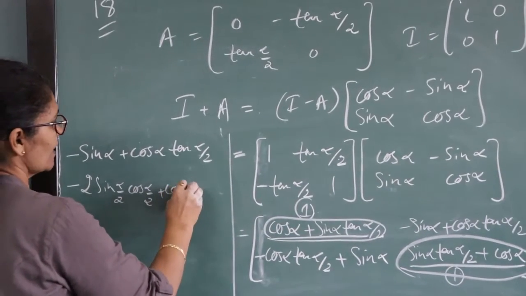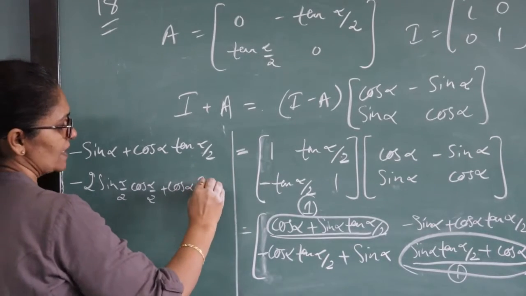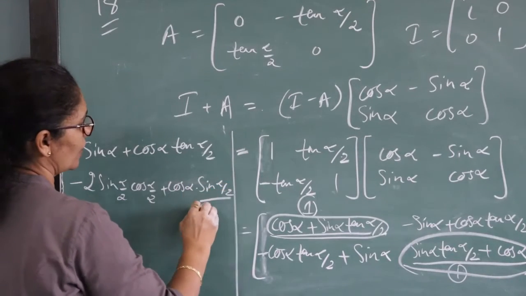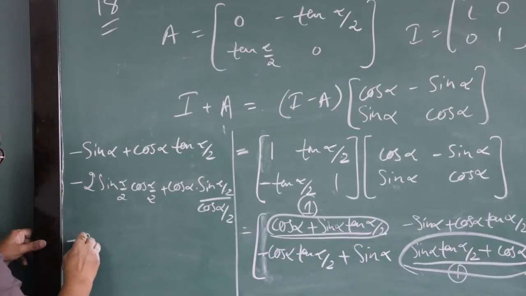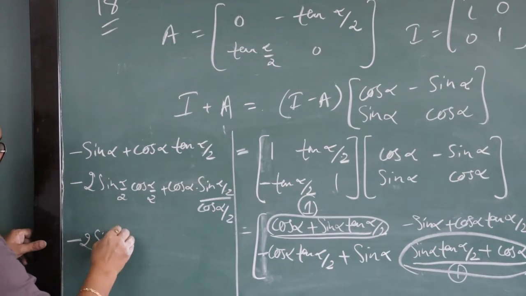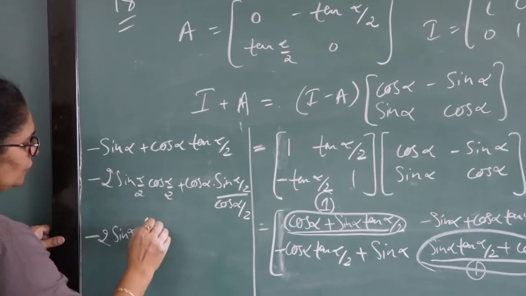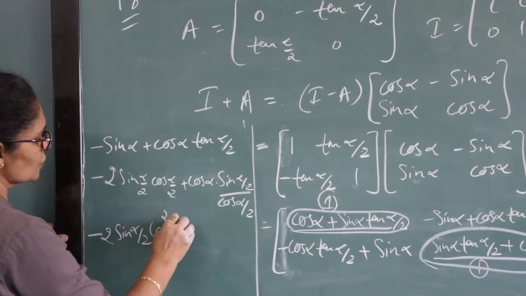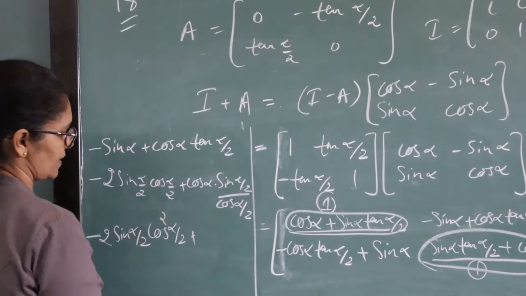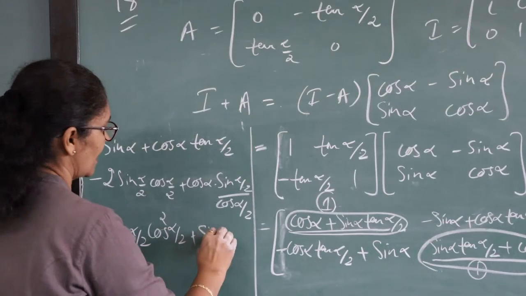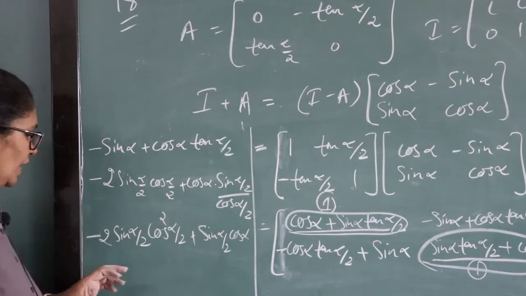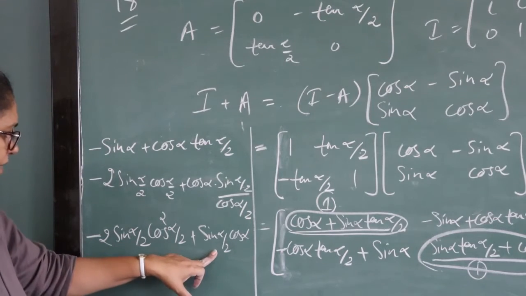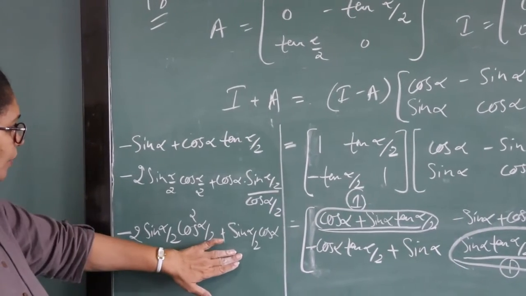Similarly, keep cos alpha as it is, and tan means sin alpha by 2 upon cos alpha by 2. Let's take the LCM first. So we get minus 2 sin alpha by 2 cos alpha by 2 into cos alpha by 2, so cos square alpha by 2, plus this will be sin alpha by 2 into cos alpha. Now sin alpha by 2 is common in both.